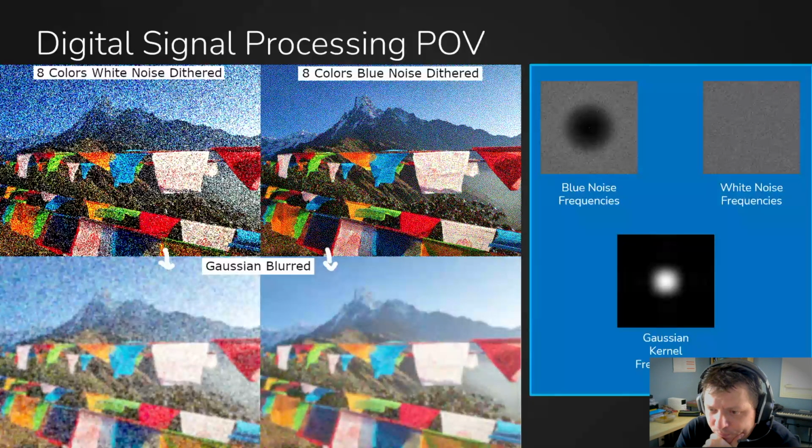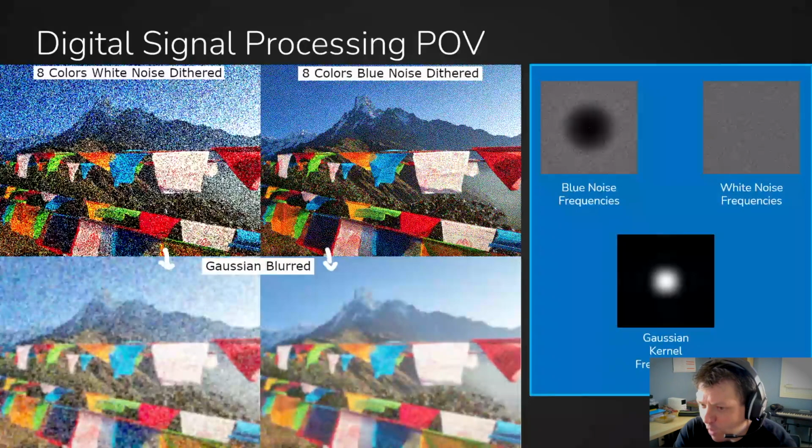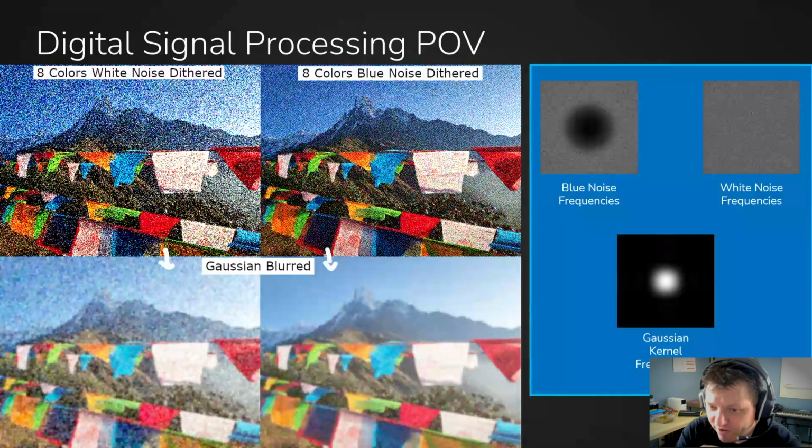And so, unfortunately, you basically cannot use a simple linear low-pass filter to remove white noise, because it exists in all frequencies. You can't isolate it away from the image. The only way to get rid of white noise is to blur everything away.